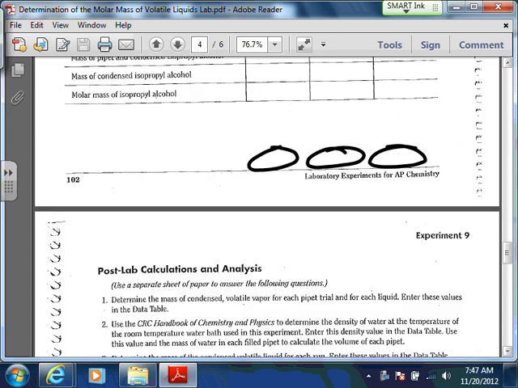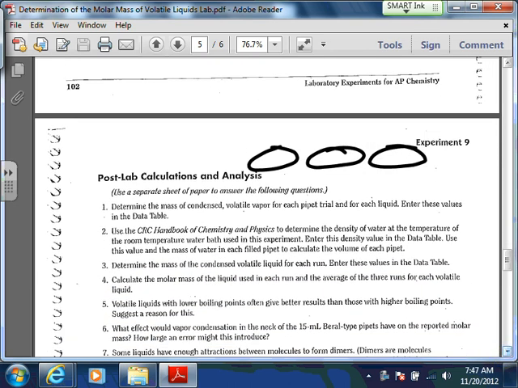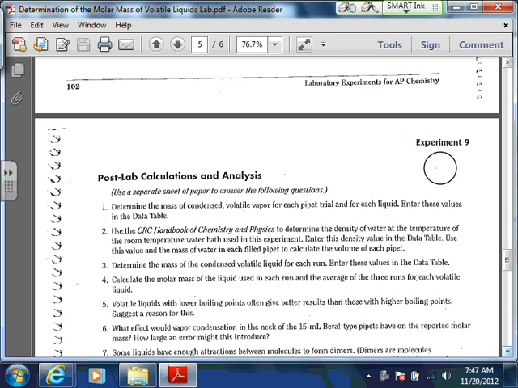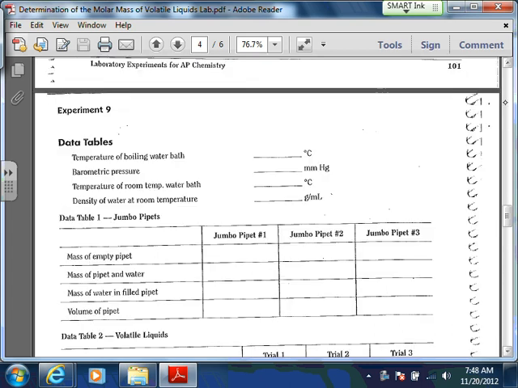Post-lab calculations: determine the mass of the condensed volatile vapor for each pipette trial and each liquid. Okay, that you're going to do just based on your other data that you have recorded. And actually, if you look back up here, in your original data table you're going to record the mass of the empty pipette. Okay?